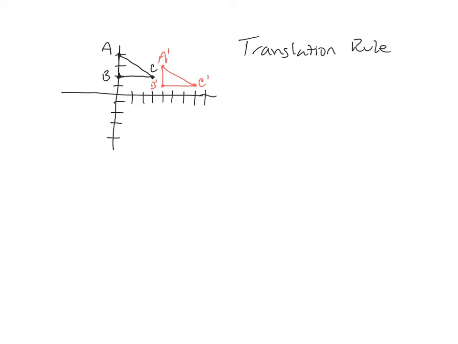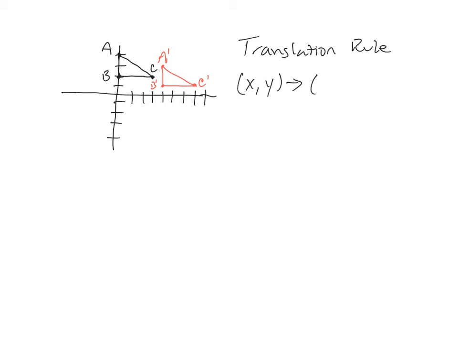And it's still similar to a vector. So the way that they write a translation rule is they'll write XY like that, and then it basically wants to know how did you get from, and really you can just pick from A to A prime, from B to B prime, or C to C prime. It doesn't matter which one you do.